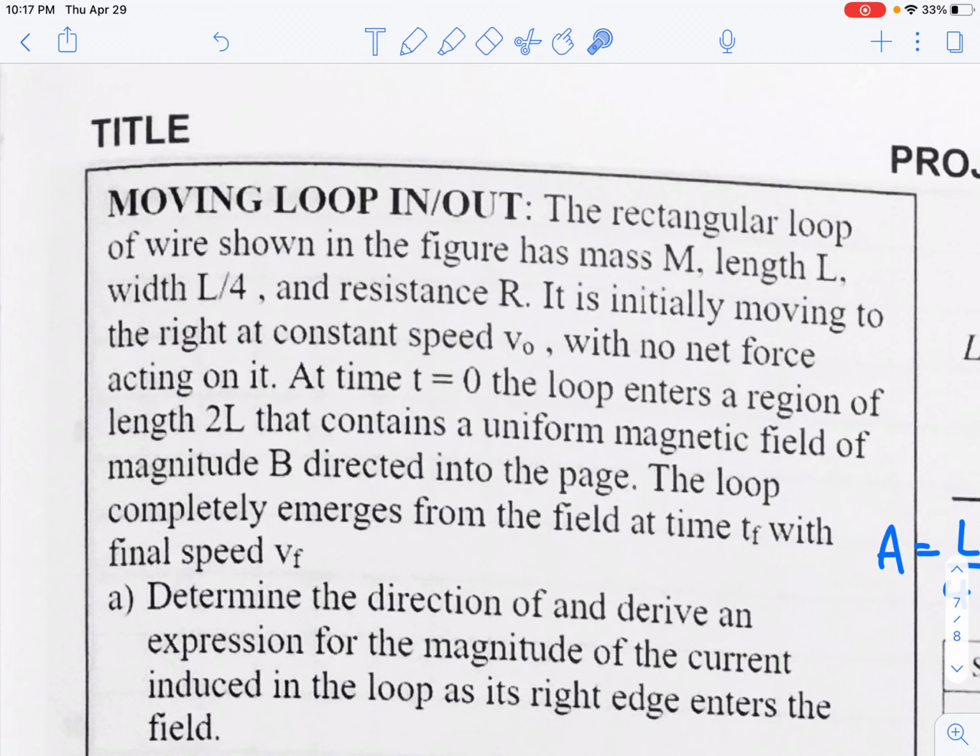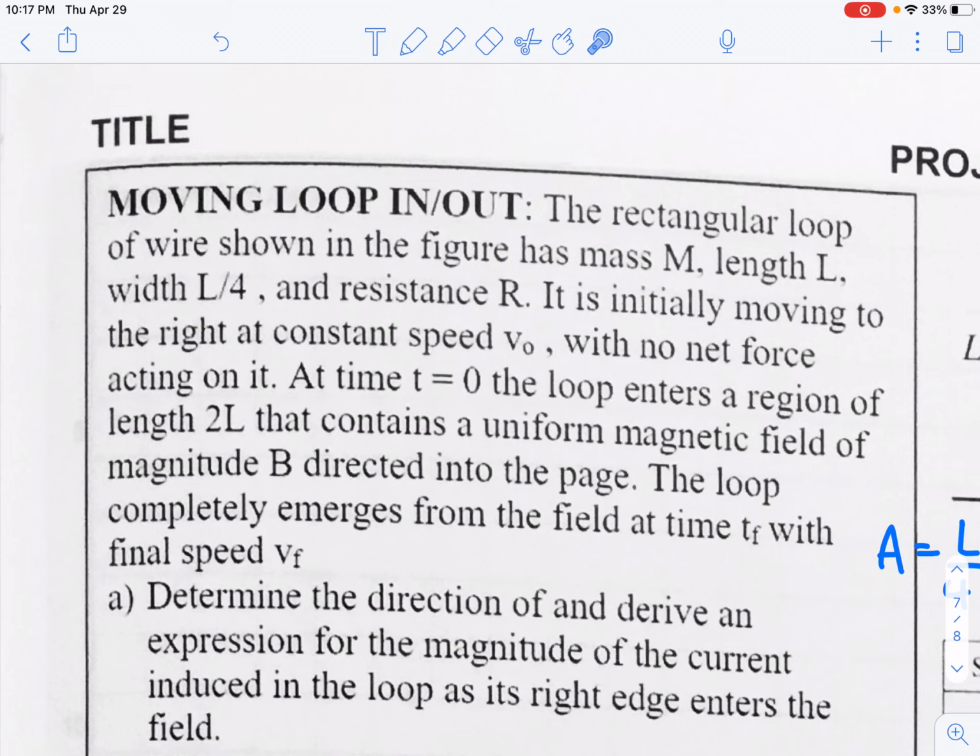Now, before the loop enters that region, no flux in the loop. If there's no flux, it can't change. As the loop enters the region, there's going to be an increasing amount of the loop inside the magnetic field, and that will increase the flux. As the loop travels through, the magnetic field is constant, and the flux will not change despite the fact that the loop is moving.